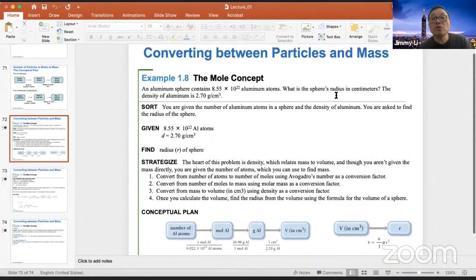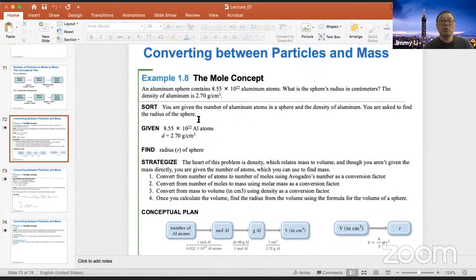I'm sorry, they ask you to convert to radius in centimeters here, if you know the density. So now you are given the number of atoms and you are given a density.